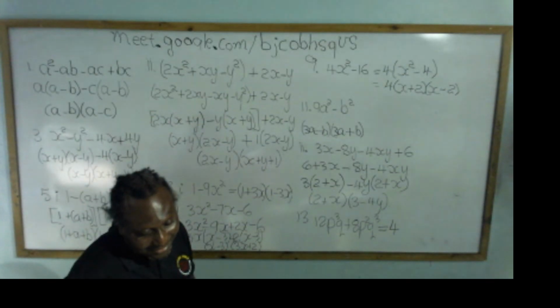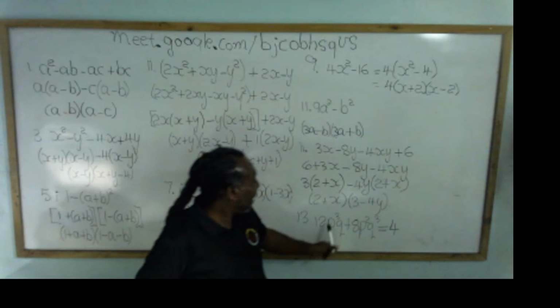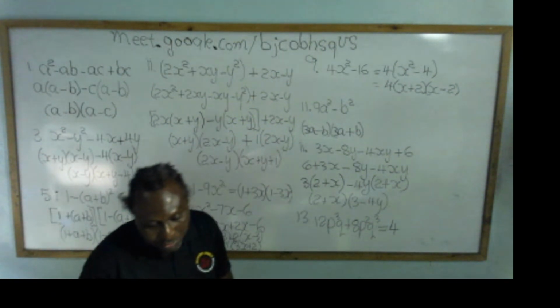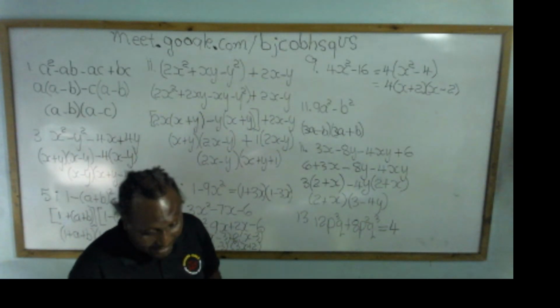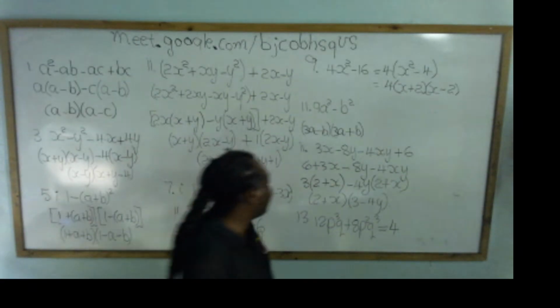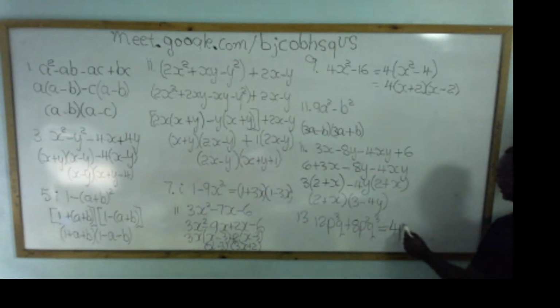Let's go. We say 4p. We have p cubed here and p squared there. What should we use for p? 4p squared is correct. What about the q? Q and q cubed.